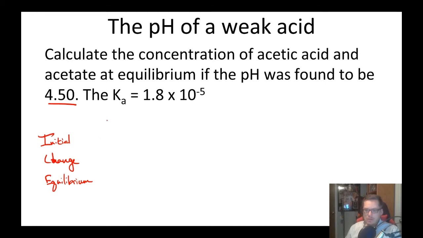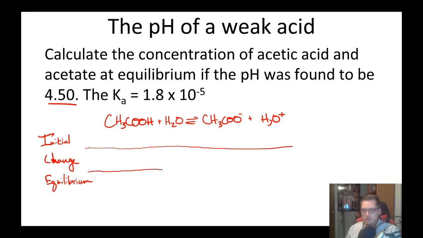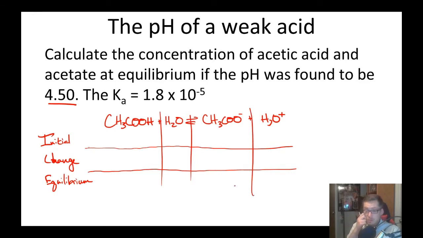We write out our whole chemical equation up here: acetic acid, CH3COOH, reacts with water and is in equilibrium to form acetate, CH3COO minus, and hydronium. You can imagine this is just a table, with an initial row, a change row, and each of these species gets its own column. What we're trying to find is the concentration of acetic acid and acetate at equilibrium, so those are the values that go in our table.